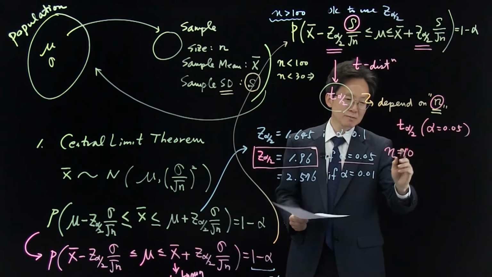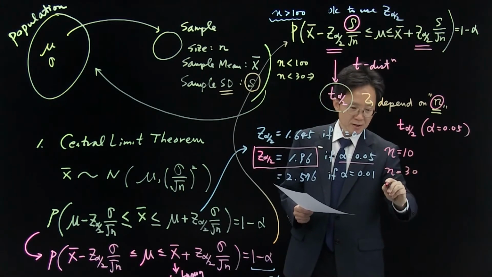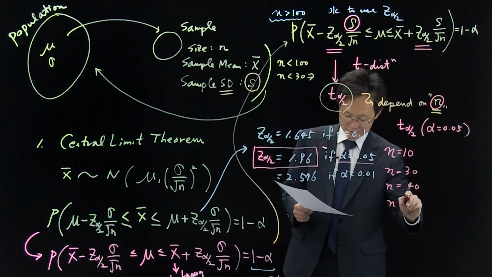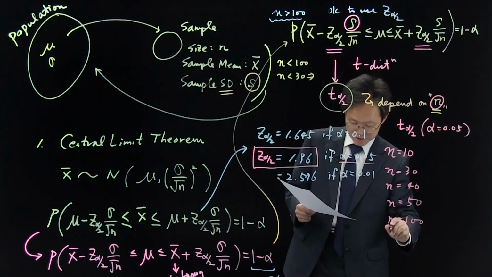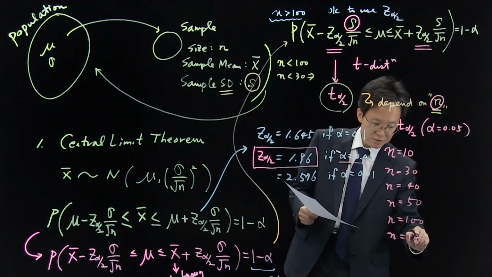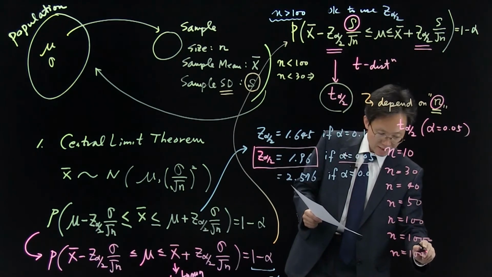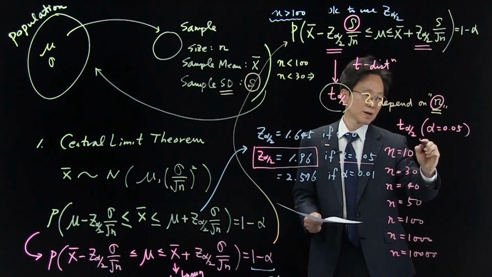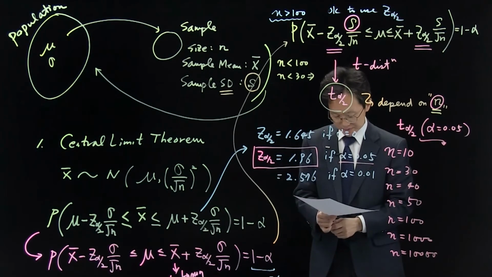Let's say we have a sample size of 10, 30, 40, 50, and let's look at some other cases as well, 1,000 and 10,000. Then we want to estimate this t alpha over 2.